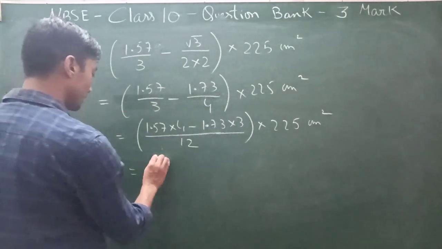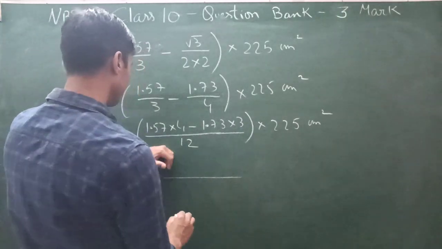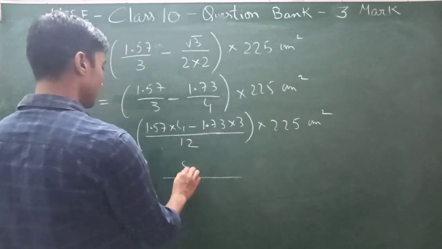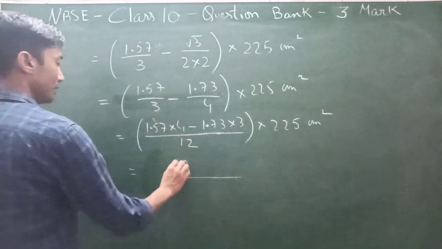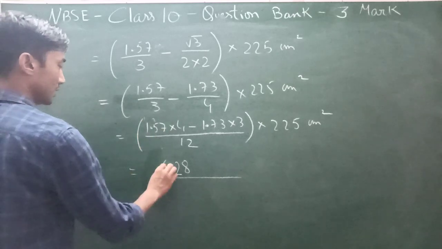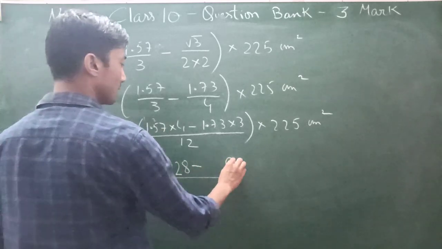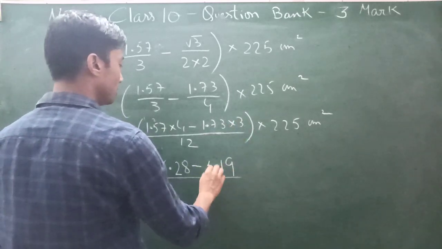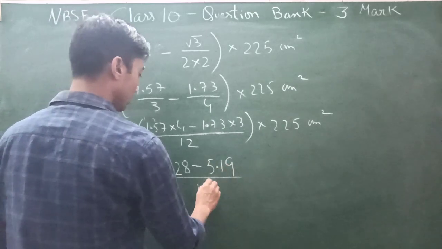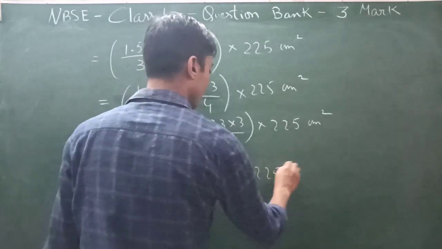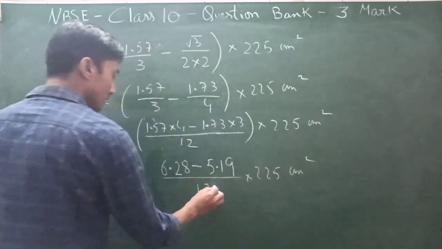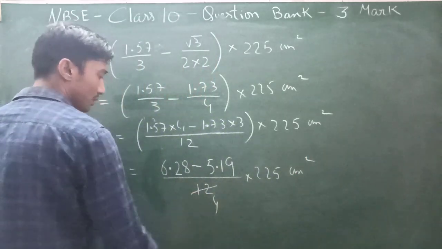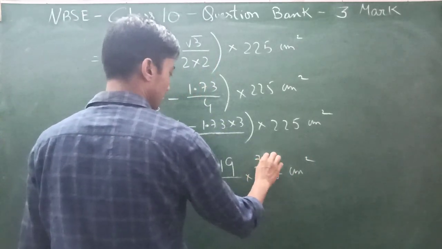Now let's simplify this. 4 7s are 28, 2 left, 4 5s are 20, 21, 22, 2 left, 6, 6.28 minus 3 3s are 9, 3 7s are 21, 2 left, 5.19 divided by 12 into 225 centimeters square. 3 4s are 12, 3 7 5.